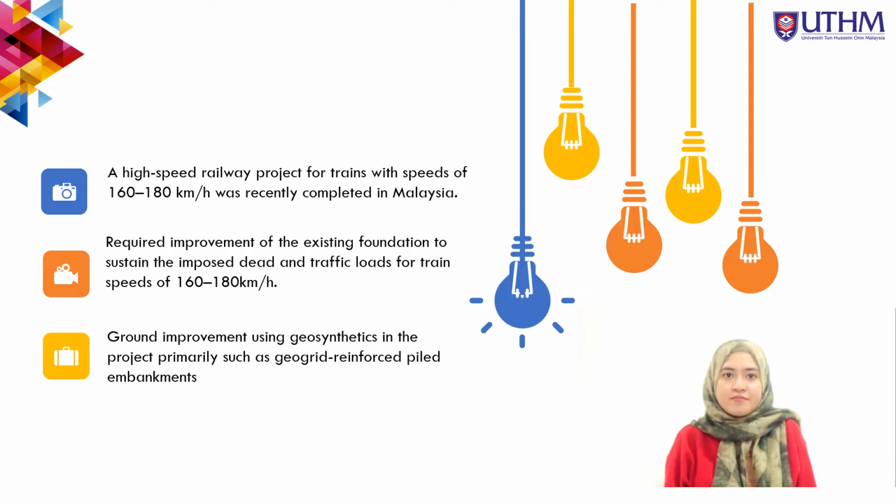Ground improvement using geosynthetic in the project, primarily geogrid reinforced pipe embankment with individual pipe cap, is needed owing to the soil encountered at the project site being a highly variable mixture of very soft silt and clays as well as loose sand.